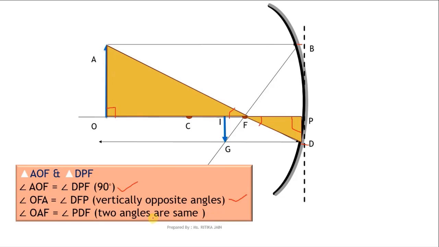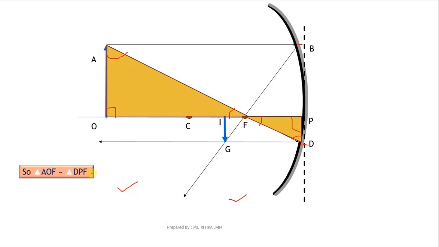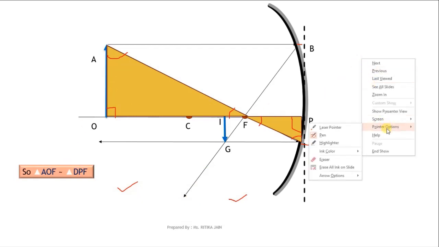Which rule will you apply to prove the third angle is also equal? It's obvious: if two angles of two triangles are equal, then the third one will also be equal. So we have proved that these two triangles are similar.